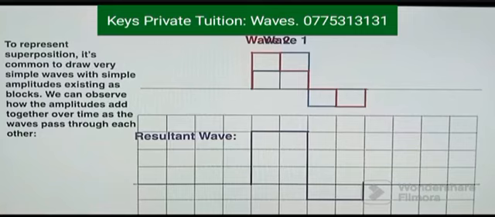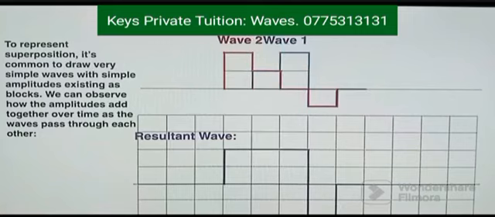As I move the largest part of wave 2 out there in the resultant wave, we have a +2 there, and on the region immediately to the right of my largest amplitude on wave 2, I have an amplitude of +1, and on that I also have an amplitude of +1 for wave 1, and the resultant in the resultant wave there is +2.